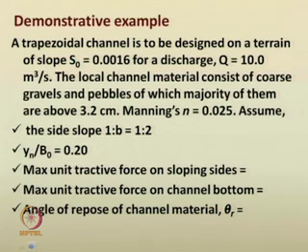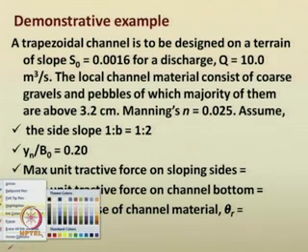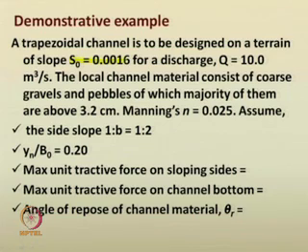So, we will do a demonstrative example based on this design procedure. Our question is: you have to design a trapezoidal channel on a terrain with bed slope S0 equal to 0.0016, and the design discharge requirement is that this channel should have the capacity of carrying 10 cumec.